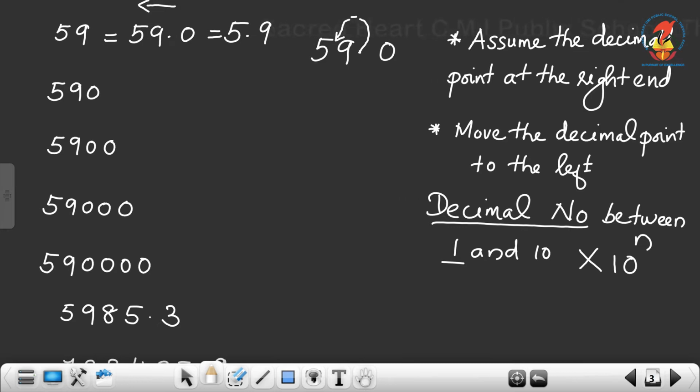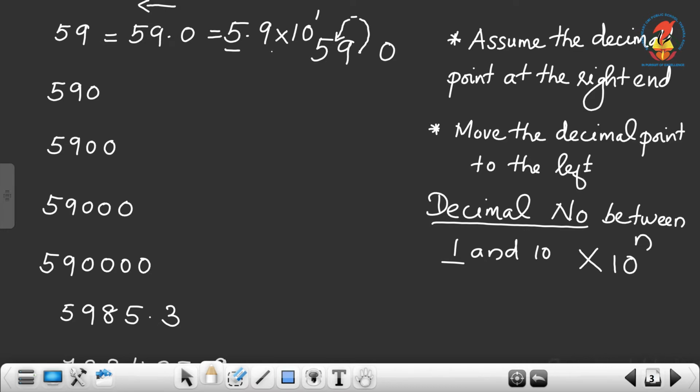Therefore, when we move the decimal point to the left, we move only one place. So 5.9 into 10 raised to, how many places did we move? Only one place. Therefore, the value of n is 1. So we can write it as 5.9 into 10 raised to 1. That is the standard form of 59.